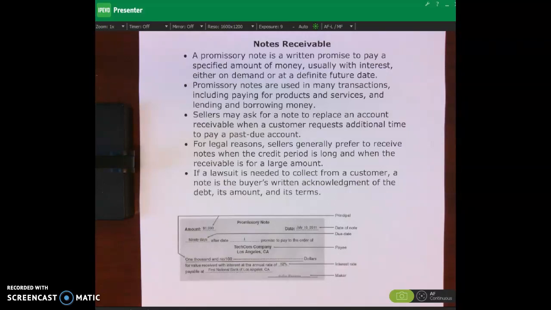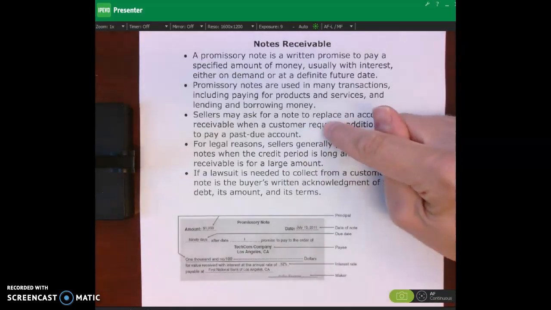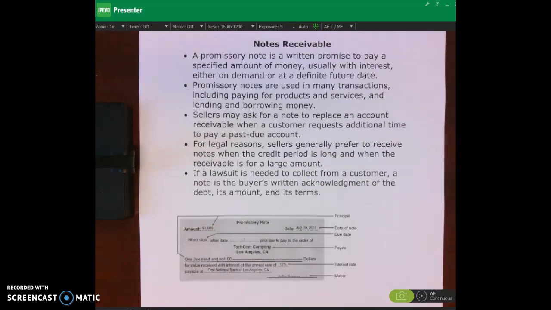So maybe our customer says, we couldn't pay you on time, so we're going to sign a promissory note and promise to pay you back in 6 months, and since you have to wait, we're going to pay you interest. That's the kind of situation I'm talking about: sellers may ask for a note receivable to replace an accounts receivable for a customer who's past due and needs additional time to pay.